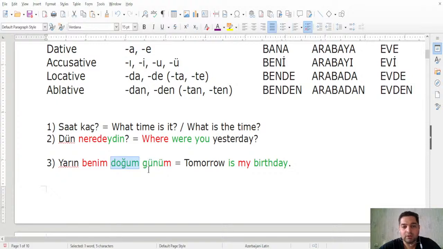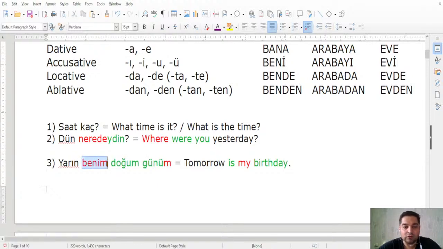Doğum means birth, gün means day, but because it's a complementary structure, it becomes doğum günü. I strongly advise you to watch that video on the complementary structures, the tamlamas. It will clearly explain the three types of tamlamas we have in Turkish. So please watch that if you still have not covered it.